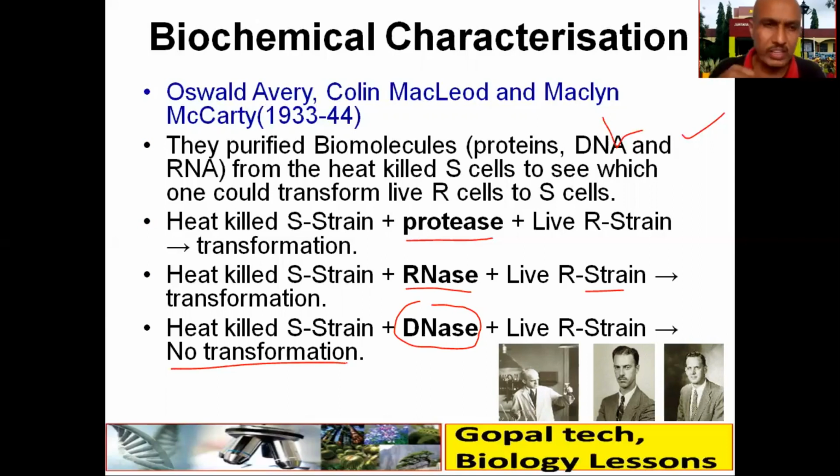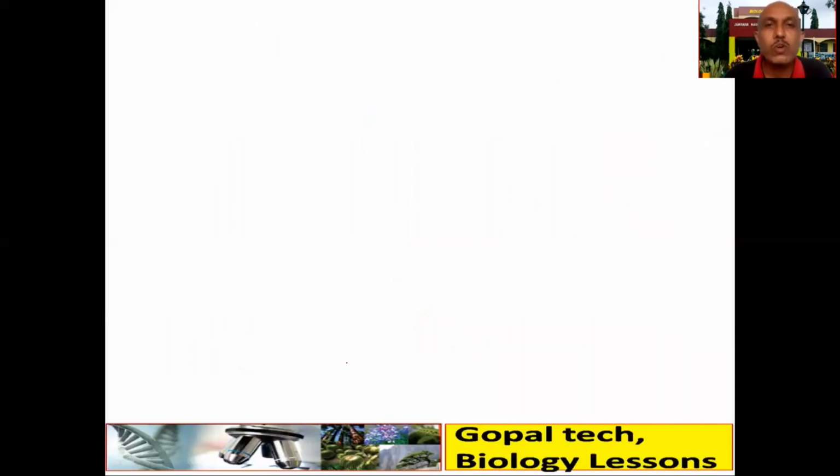But in the other two conditions, the mouse will die. It indicates it is DNA, not RNA or protein, that entered from dead S cells into the R strain, and the R strain somehow converted into S strain. So that is the meaning of transformation.